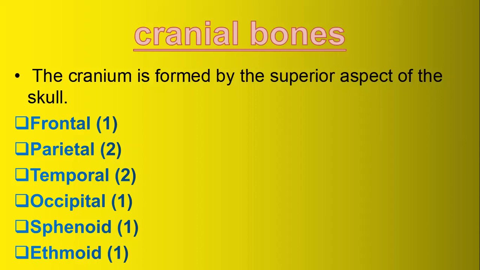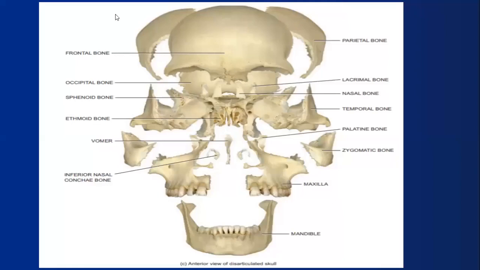So let's get to the first bone, which is the frontal bone, especially found on the anterior aspect of the cranium. This is the frontal bone, and as well you can see other bones of the cranium. We have the parietal bone, just at the back the occipital bone, and the sphenoid bone, but we shall discuss later about the sphenoid bone and other bones of the face.